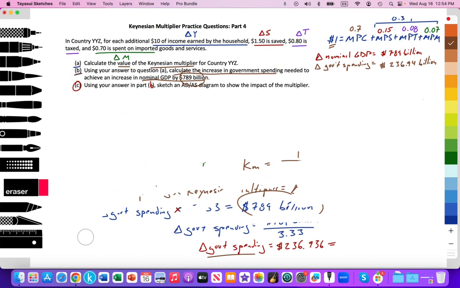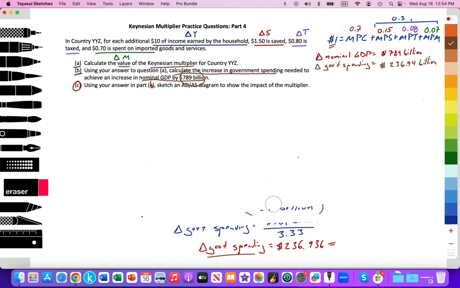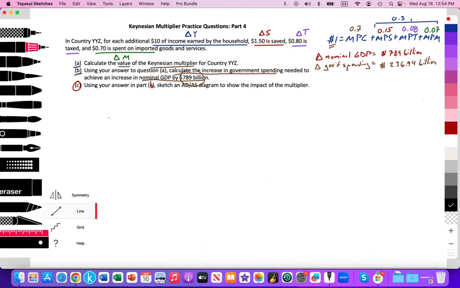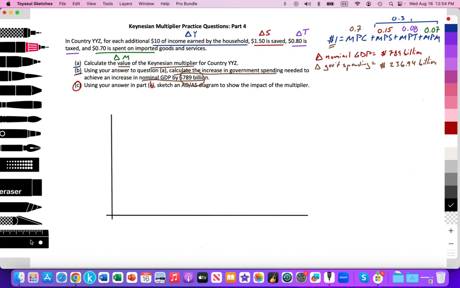Okay, so here we go. Starting from scratch, drawing the model. So we're going to draw our y-axis and our x-axis.